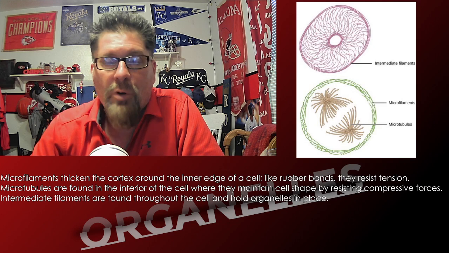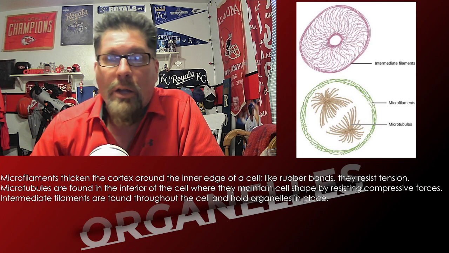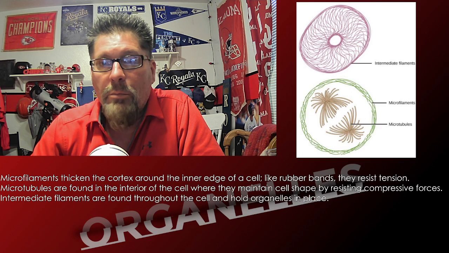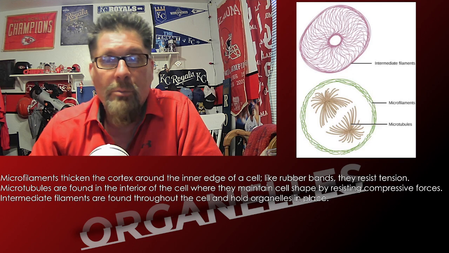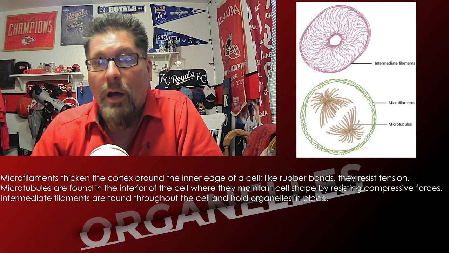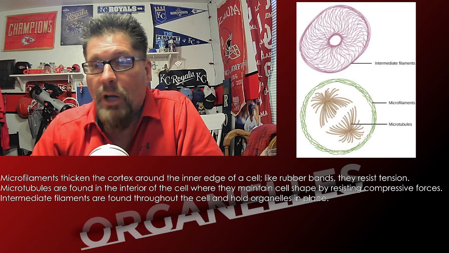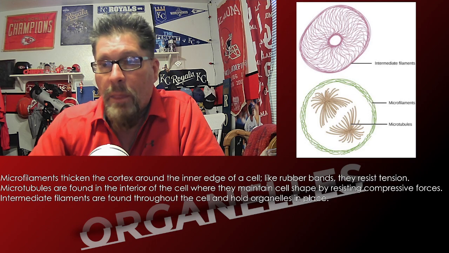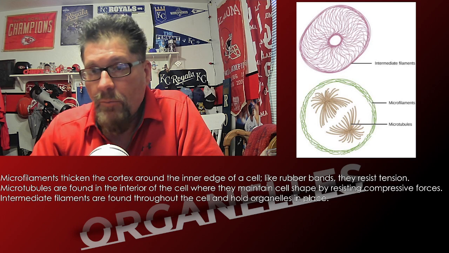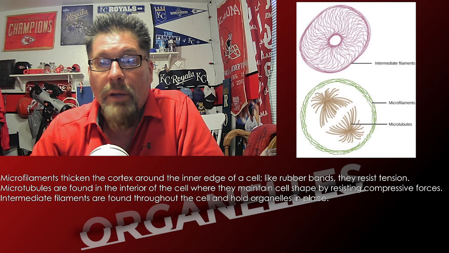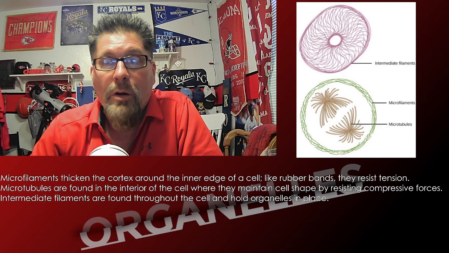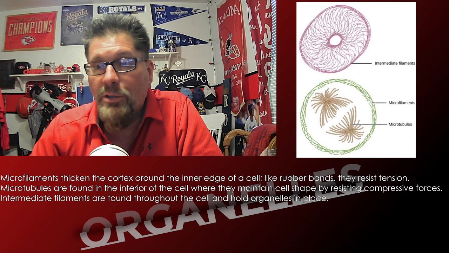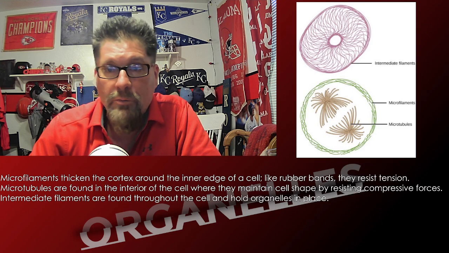So if the cell is pressed against, they can absorb that pressure, and once it's removed, bounce right back into their own shape. But they're inside the cell, inside the plasma membrane. Again, the idea is keeping it in shape by absorbing pressure and then bouncing back once that pressure is removed.